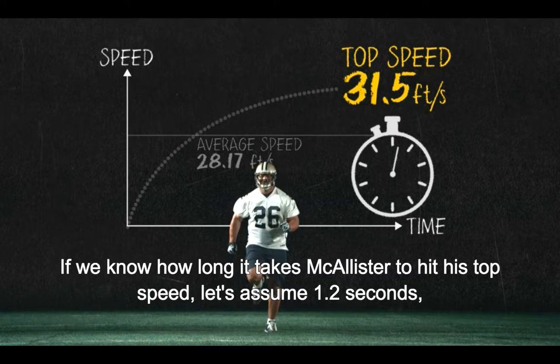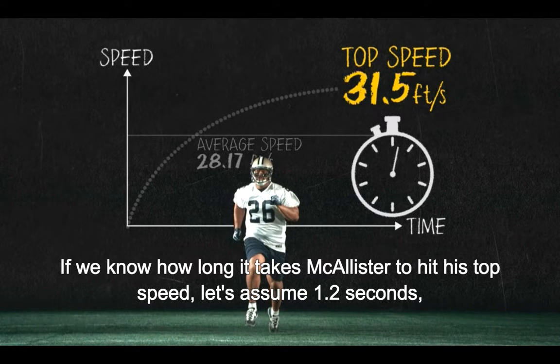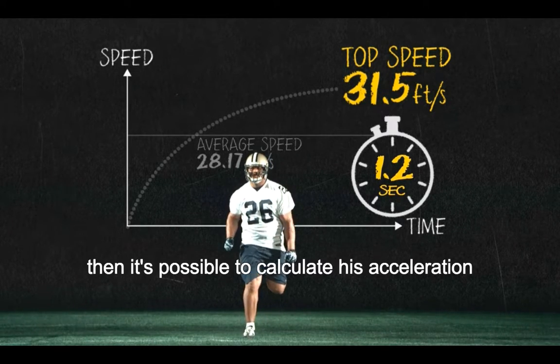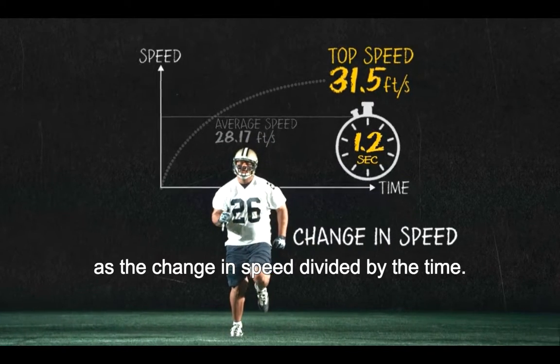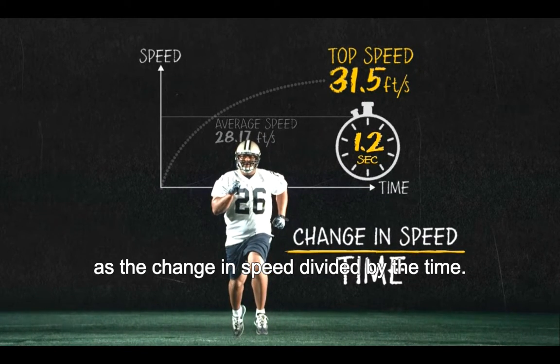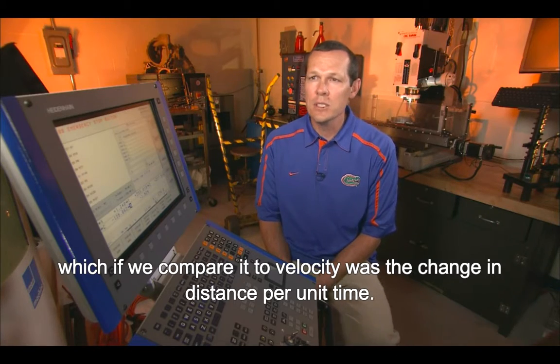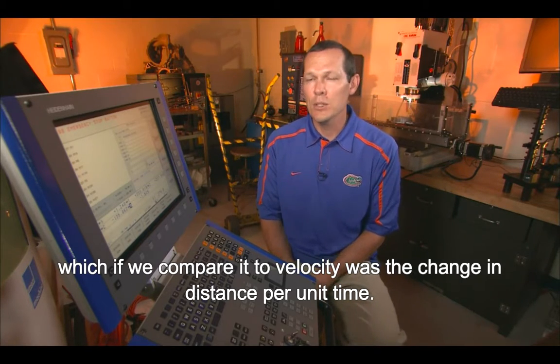If we know how long it takes McAllister to hit his top speed, let's assume 1.2 seconds, then it's possible to calculate his acceleration as the change in speed divided by the time. Acceleration is the change in velocity per unit time, which if we compare it to velocity was the change in distance per unit time.